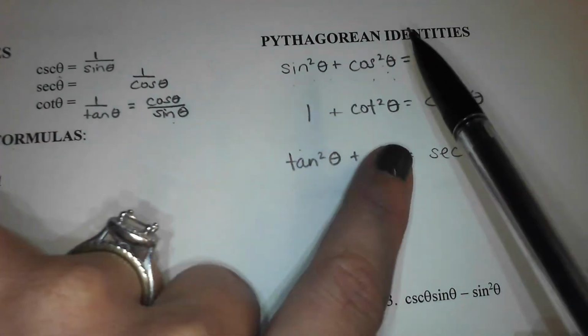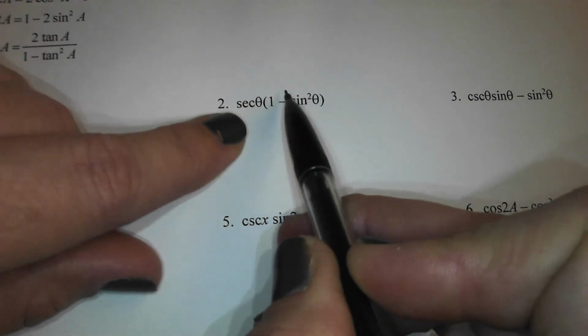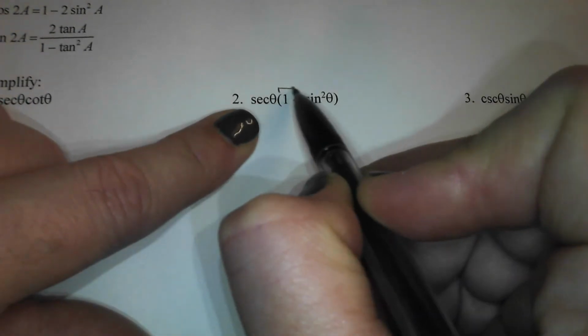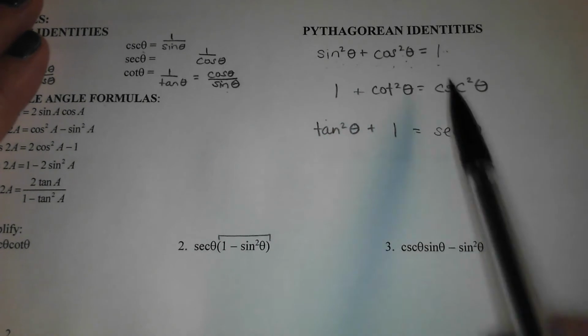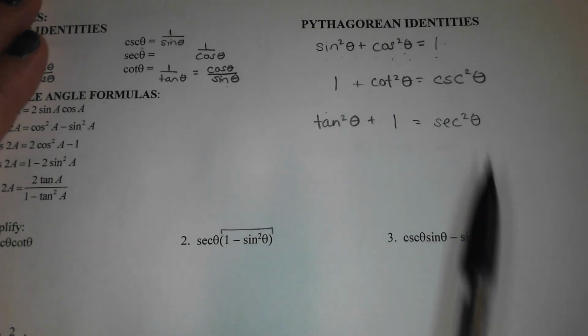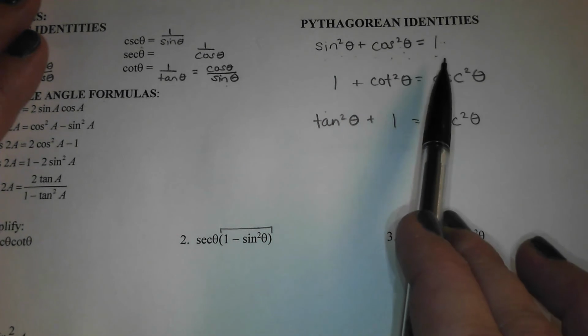If you see a sine squared somewhere, like if you have a problem, let's go down to number 2 right away. If you have a 1 minus sine squared, 1 minus sine squared isn't directly from our list, but we can easily add and subtract things over.